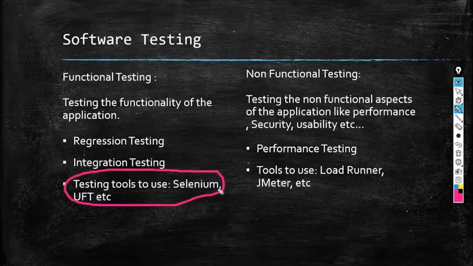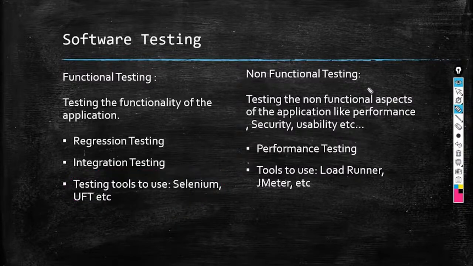Then what is non-functional testing? Non-functional testing primarily focuses on aspects like performance, security, usability, etc. We, as performance testers, are primarily focused on the performance aspect. So what do you mean by performance?